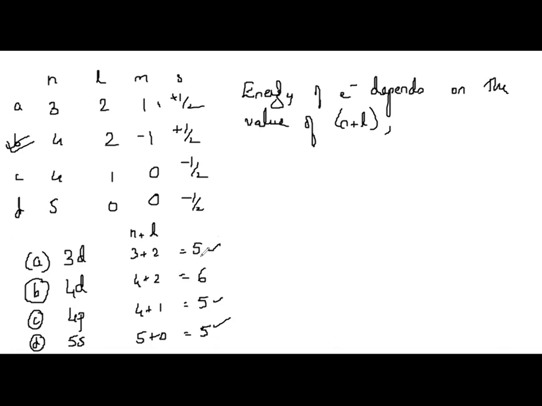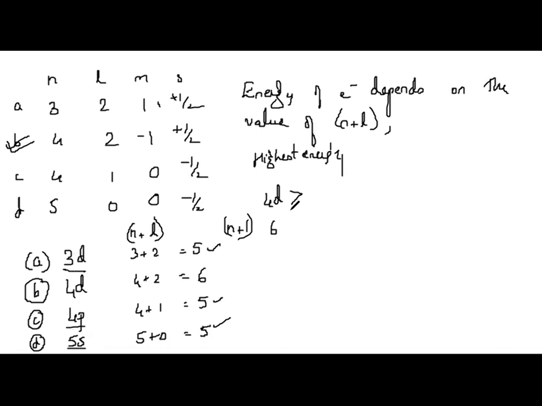But if they had asked you to arrange them in decreasing order, first comes 4d with highest energy. Why? Because the n plus l value for 4d is 6. Then, if the n plus l values of the orbitals are the same, you consider that the one with the higher principal quantum number has higher energy. So here it is 3d, 4p and 5s.